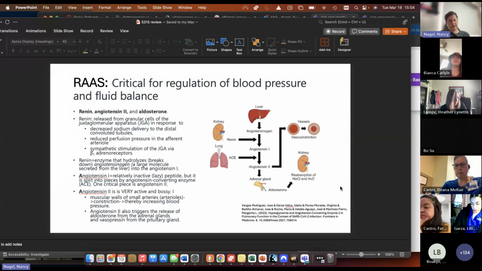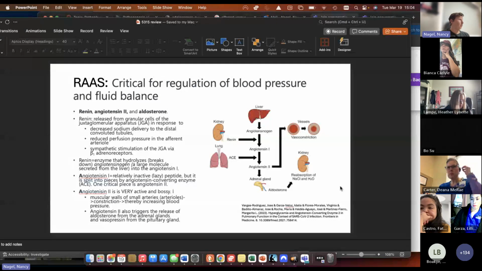Renin is released out of the kidneys, and usually it's released due to noticing decreased sodium, or decreased blood pressure, or decreased perfusion in the afferent arteriole. Remember, A is the first one, so it's the one that's taking blood to the kidney.